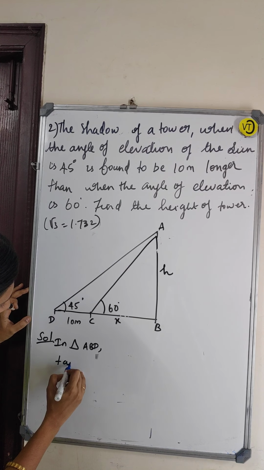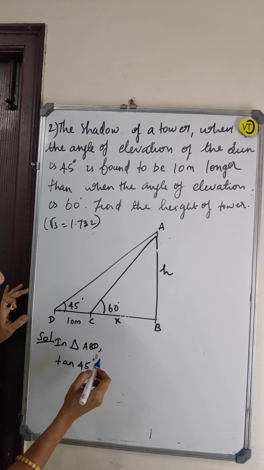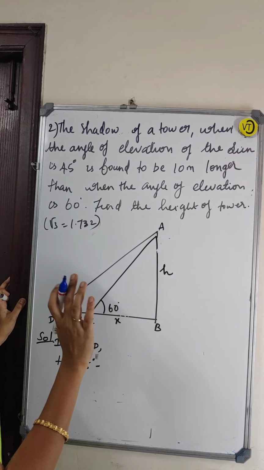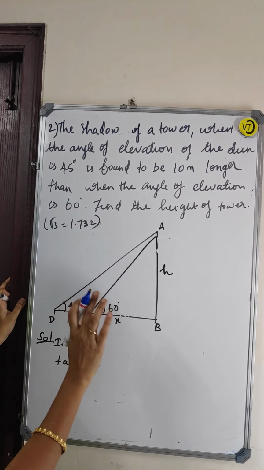In ABD, tan 45, because I don't want the line of sight, I don't want the hypotenuse. So I am dealing with the opposite side and adjacent side. Tan 45 is equal to h by, totally it is what, guys? 10 plus x.